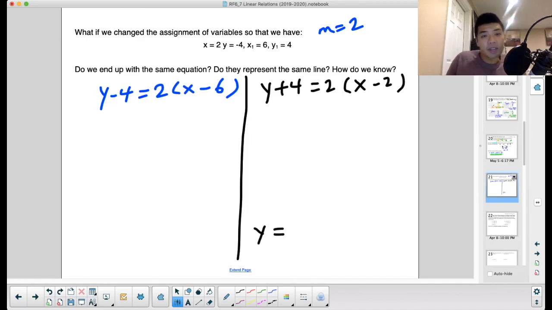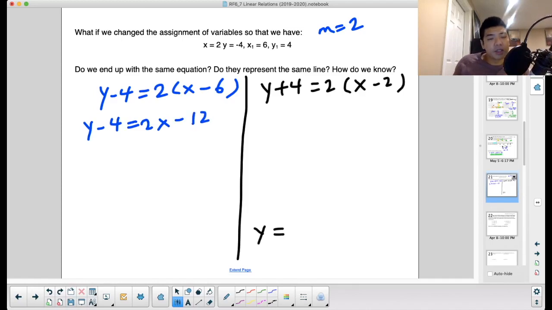Okay, so now that you've given that a shot, we're going to isolate for y. We're going to solve it for y. So let's go ahead and distribute. y minus 4 is equal to 2 times x, so 2x. Then we have 2 times a negative 6, which gives you a negative 12.